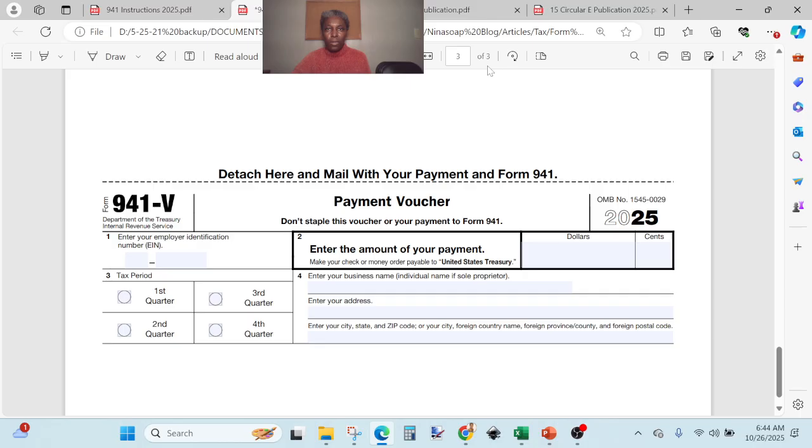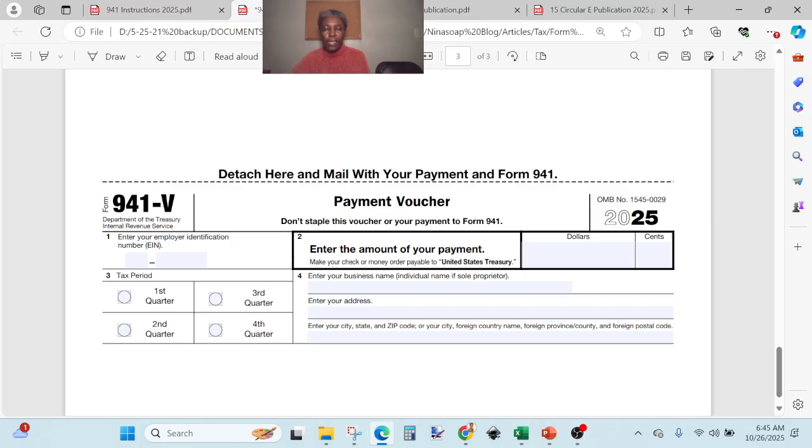The third page is for the voucher. You just need to print pages 1 and 2 out and sign it, make a copy for your business to keep, and then staple those pages 1 and 2, and you put it in an envelope to mail. So we are going to leave this voucher blank.